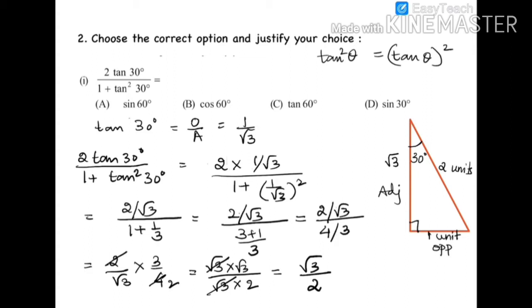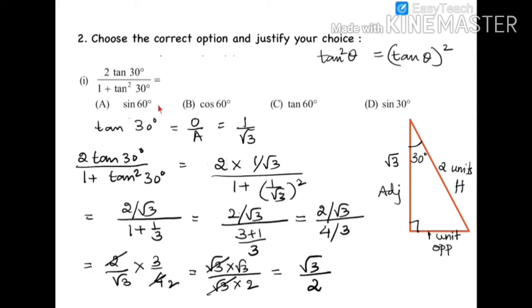So root 3 is the adjacent side and 2 is the hypotenuse. But these sides, adjacent and hypotenuse, are marked with respect to 30 degree angle. So this ratio root 3 upon 2 will be cos 30 degrees.